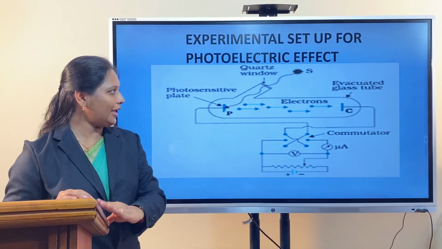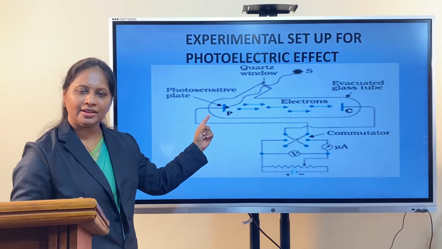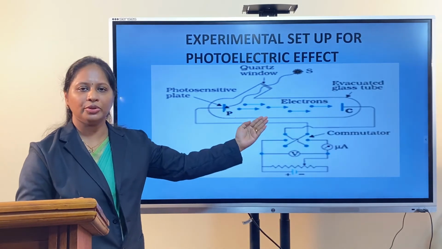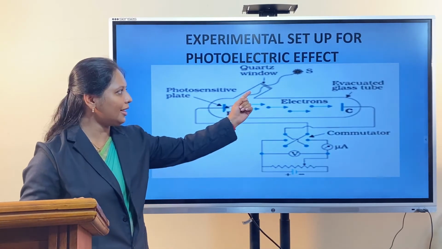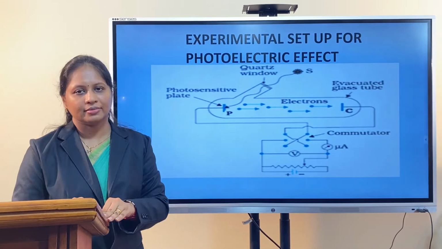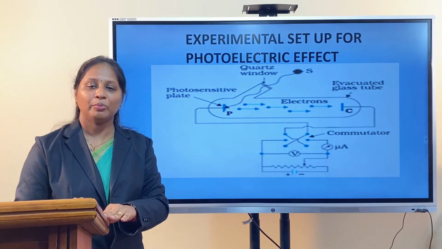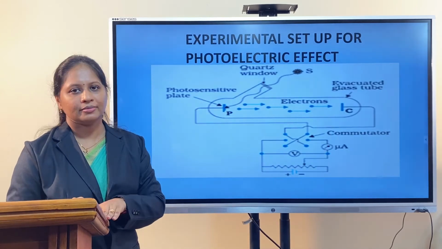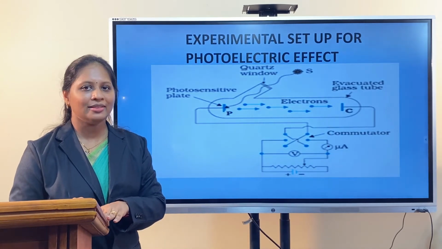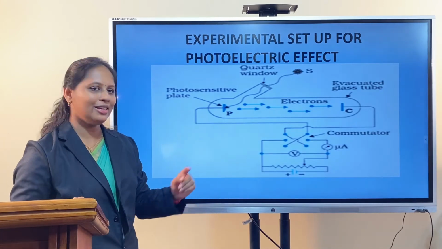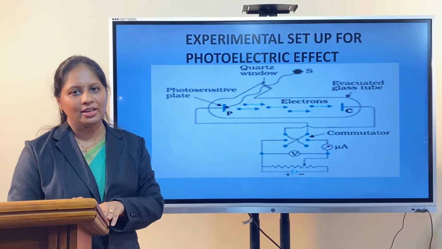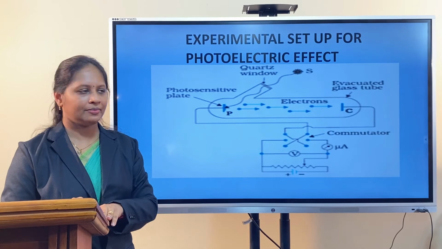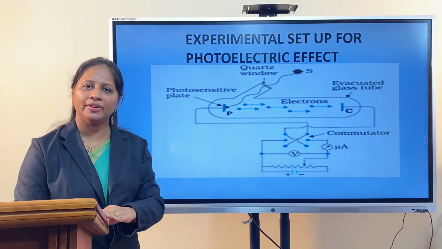How? We can vary the intensity of the incident light and study how the photocurrent varies. We can vary the frequency of the incident light as well as the potential difference between emitter and collector plate. Also, by changing the material of the emitter plate, we can study the change in photocurrent. How can you change the intensity of light?